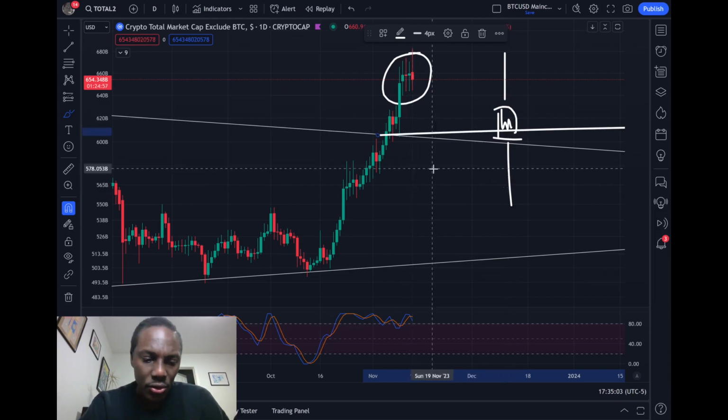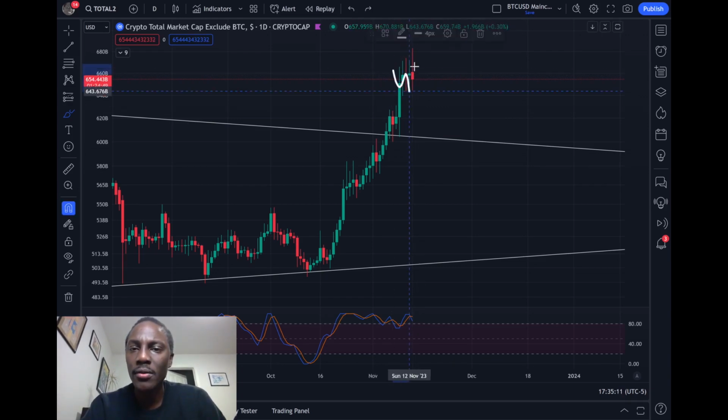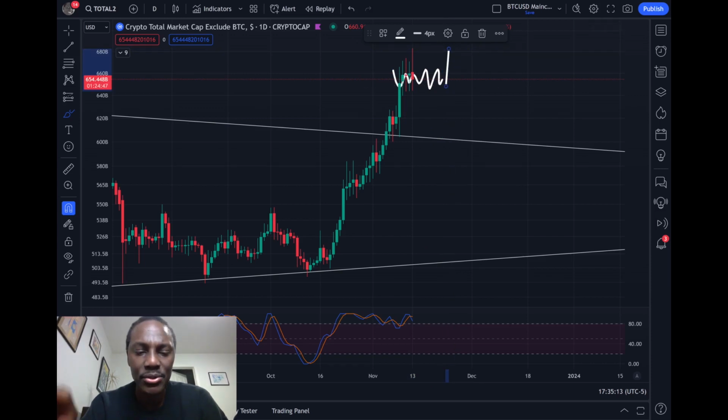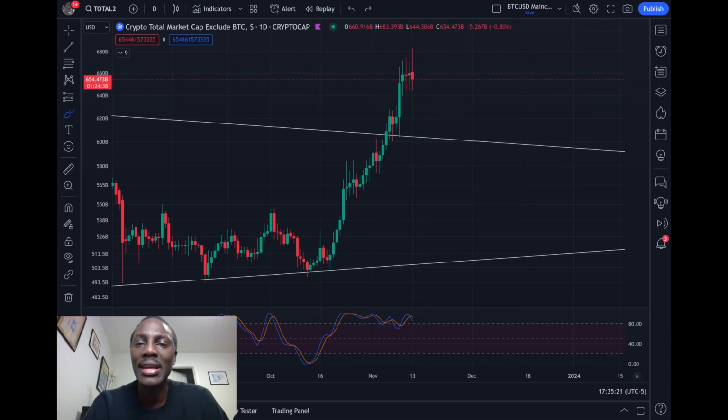And so you're essentially looking at some sort of distribution. These can also sometimes be a wave 4 channel, right? And then break up. So be careful. But if we're looking at a distribution, right, and it's supposed to come down, that's what it would look like on the daily time frame.